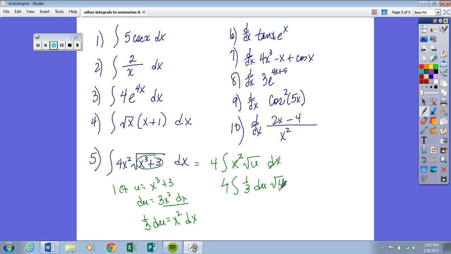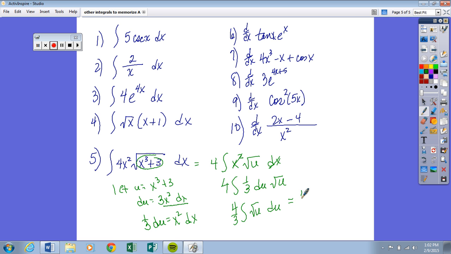And I like to move things around so it looks pretty. So that 1/3 is coming out front. The square root of u is the function, and the du should be in the back for notation. We're taking the integral with respect to u. And so whenever you mess with this now, it's just u to the 1/2.